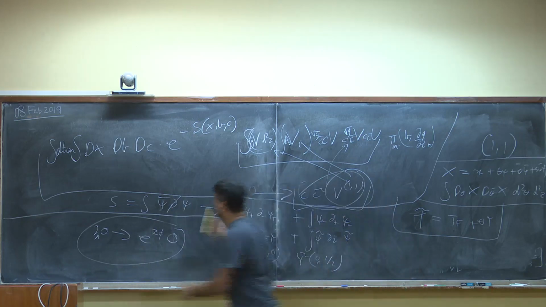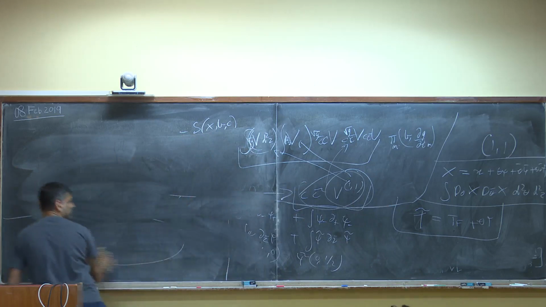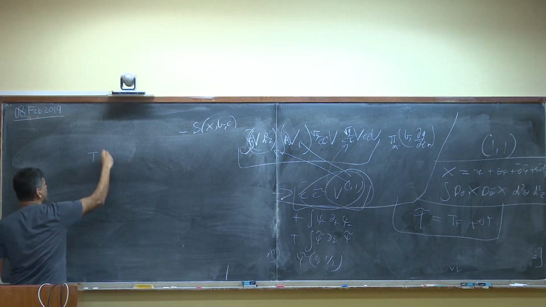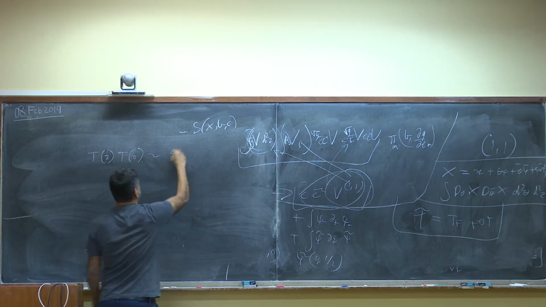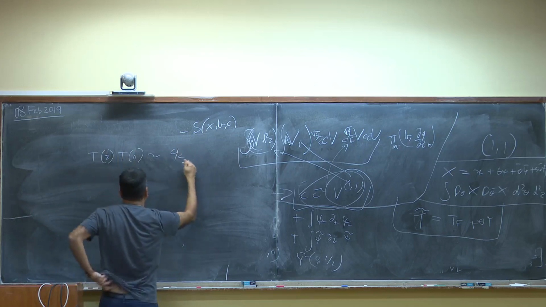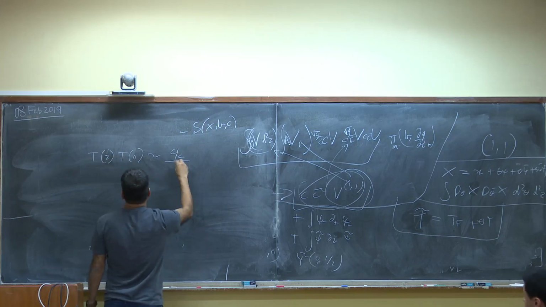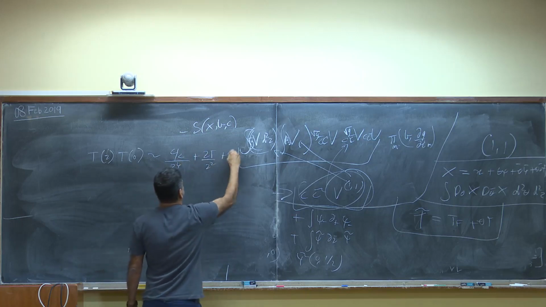Schematically, what was the form? T of z with T of 0 was as usual c by 2 divided by z to the 4 plus 2T divided by z squared plus del T by z.